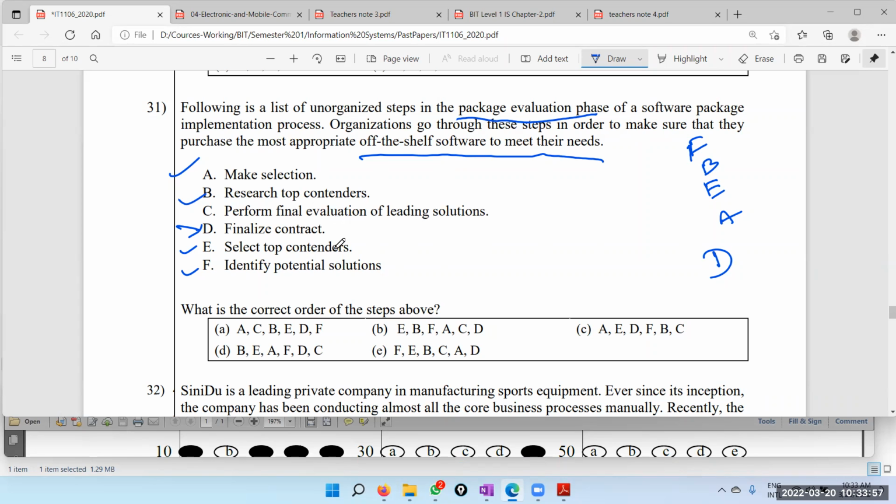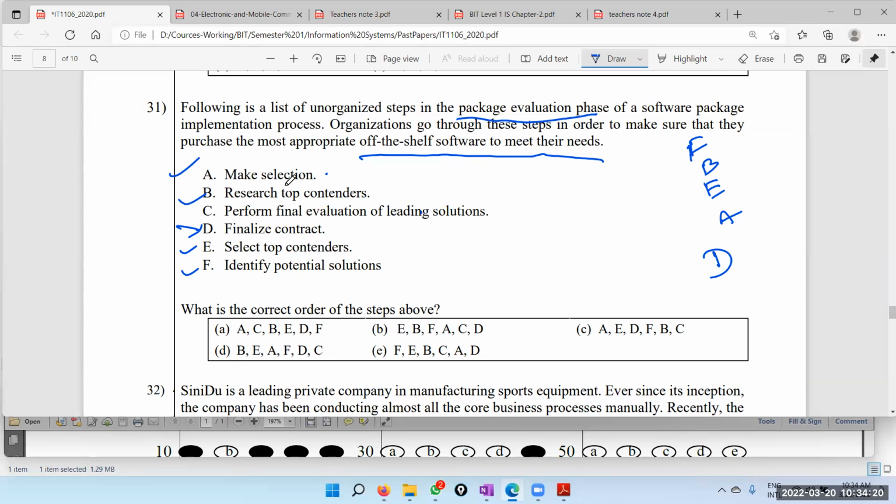Make selections. Make sense. Perform final evaluation.